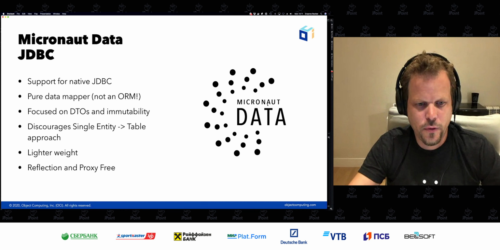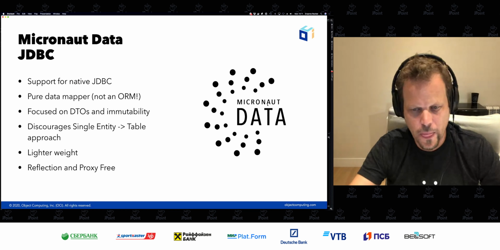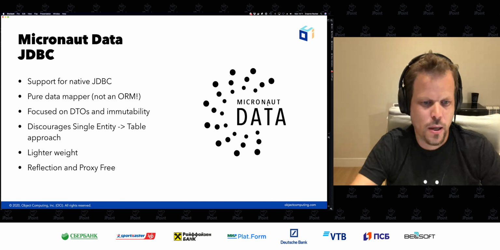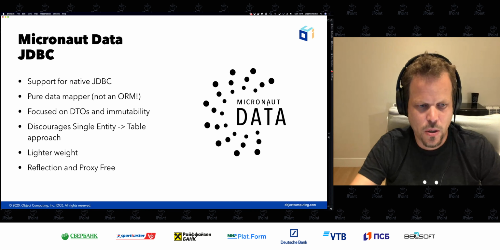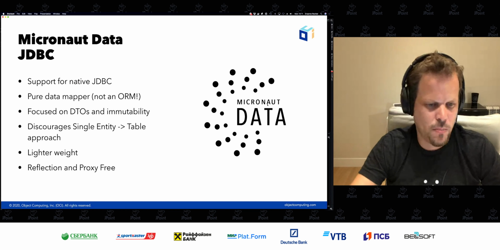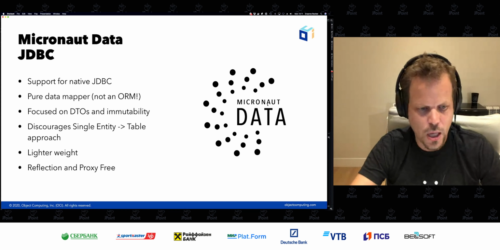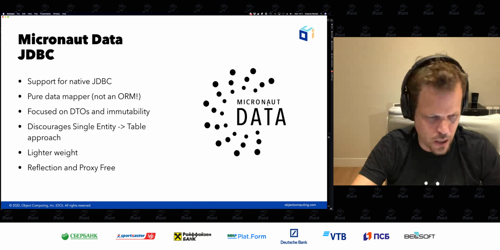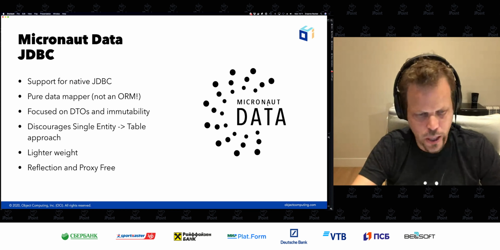Whilst with JPA I typically see this approach that many people use of having a single entity, so one class mapping to one table, Micronaut Data JDBC is not about that. You may have multiple classes using the same table, and you may have database views or custom queries.